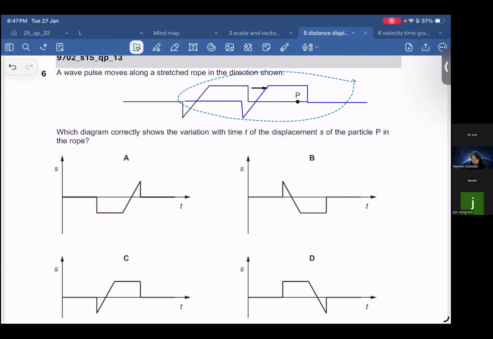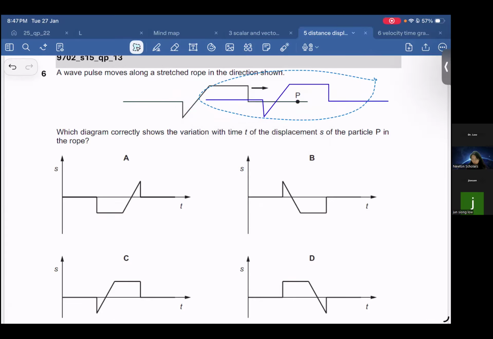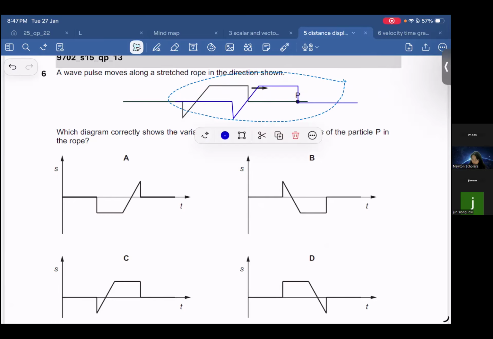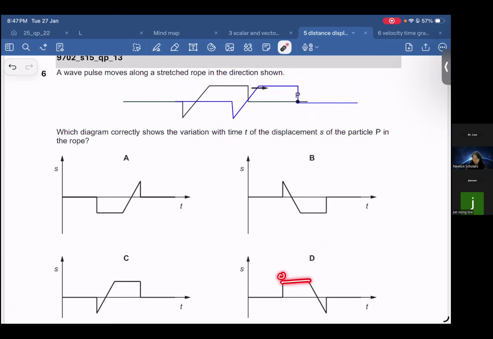It will continue moving, so it will stay at the upper position, horizontal. That means it will stay along here until the pulse finishes, until the pulse reaches here. Do you agree? So your answer should be D. It stays here and then continues to travel a short distance at the high position.